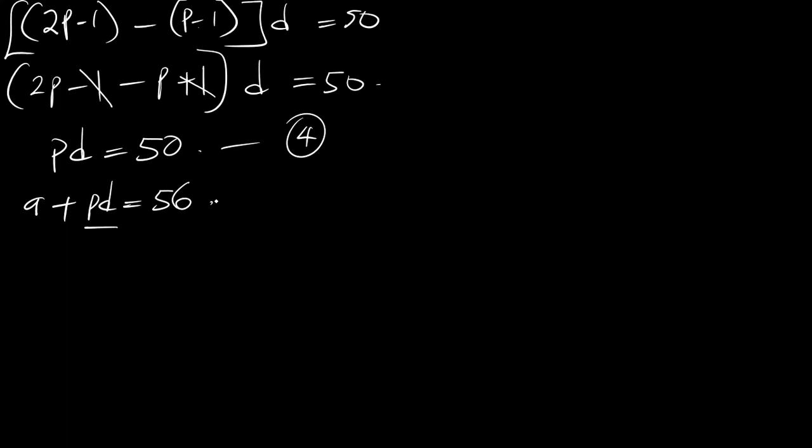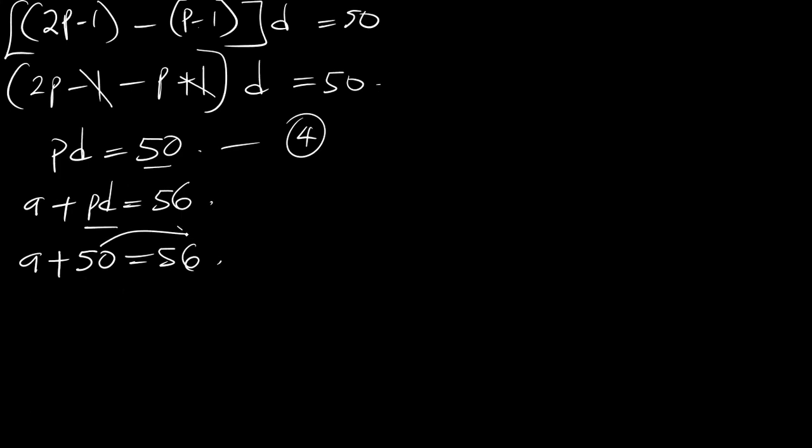Now substituting equation 4 into equation 3, where you know that pd is equal to 50, anywhere we see pd, we'll put 50 here. So a plus 50 is equal to 56.